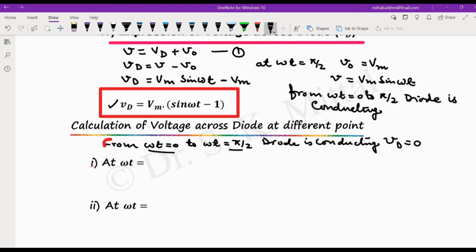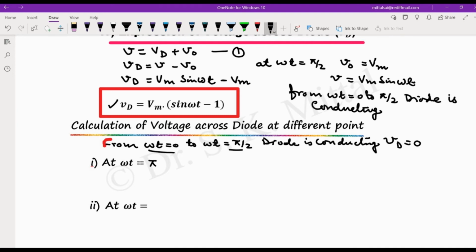So now first value which we will consider at omega t is equal to pi by 2, or we can also consider the value at omega t is equal to pi.